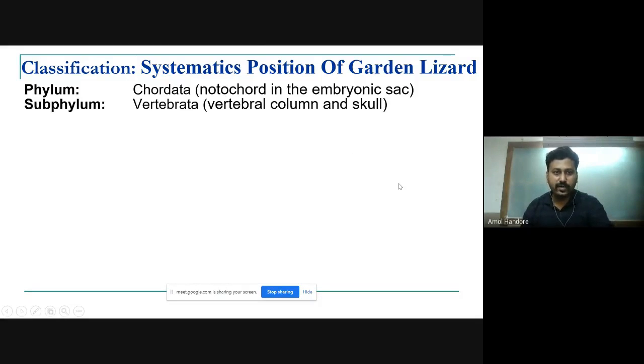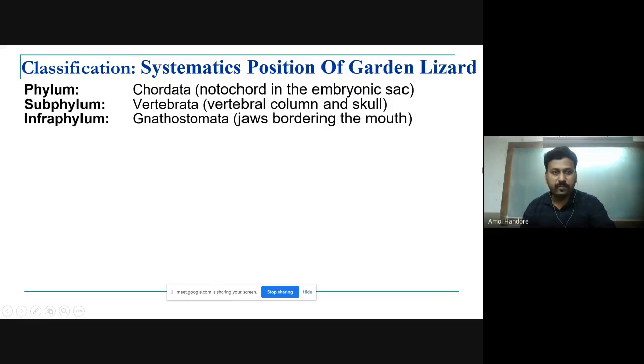Next, the subphylum is Vertebrata. Later on, when it develops, this notochord is replaced by the vertebral column, right? So it has the nerve cord as well as notochord. This notochord is replaced by the vertebral column and skull is present. That's why we classify it in the subphylum Vertebrata.